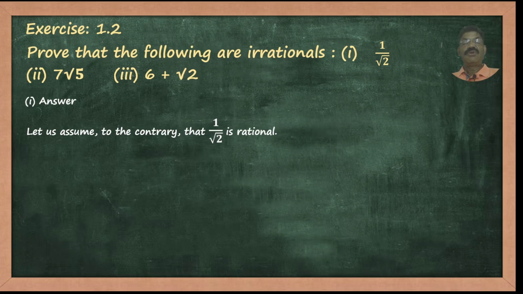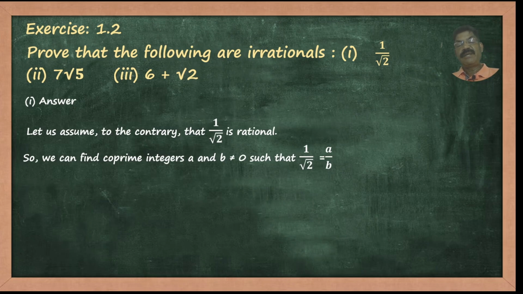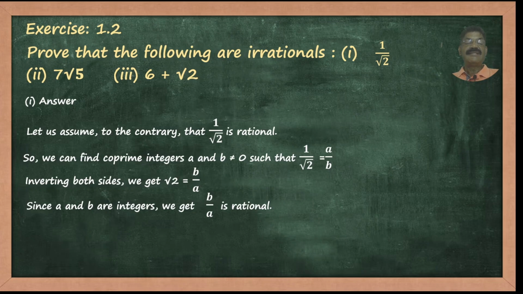So we assume that 1 by root 2 is rational. So we can find two co-prime integers a and b, b not equal to 0, such that 1 by root 2 is equal to a by b. Inverting both sides, we get root 2 by 1 is equal to b by a, or root 2 is equal to b by a. Since a and b are integers, b by a is rational, because here a is also not equal to 0.